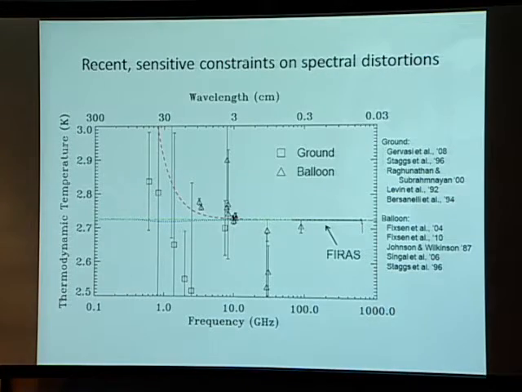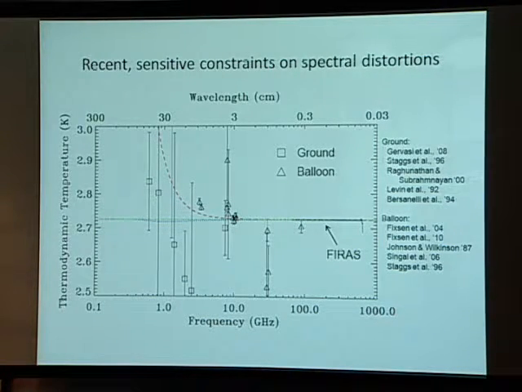So starting out with the landscape of current experiments. Instead of plotting the overall blackbody curve, here I'm just showing the temperature at a given frequency, in thermodynamic temperature, from 0.1 to 1,000 gigahertz.